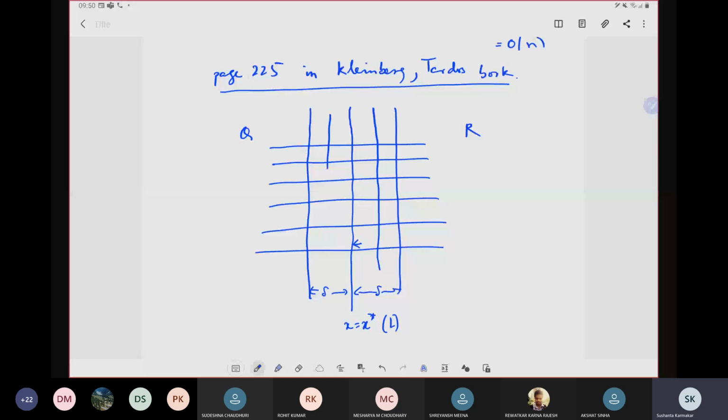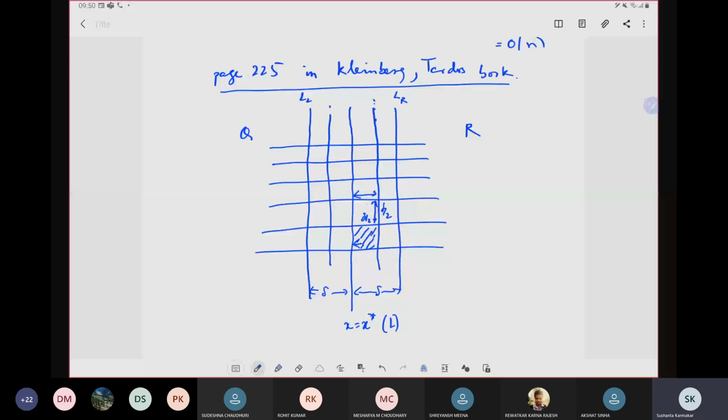I draw further imaginary lines and make square boxes of side delta by 2. So everything is a square box of size delta by 2.